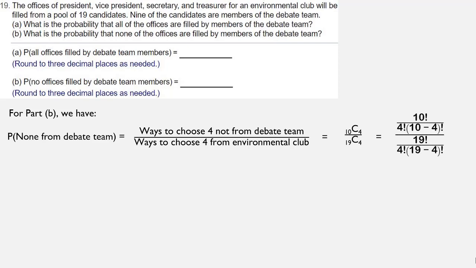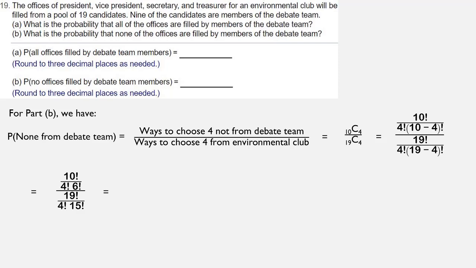We can go ahead and write this out via formula. 10 factorial over 4 factorial times 10 minus 4 factorial, divided by 19 factorial over 4 factorial times 19 minus 4 factorial. That's going to simplify to 10 factorial over 4 factorial times 6 factorial, divided by 19 factorial over 4 factorial times 15 factorial.